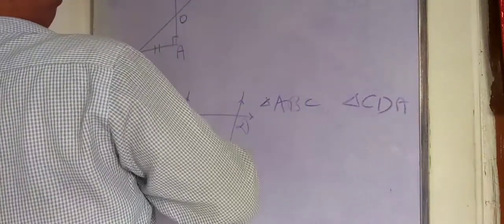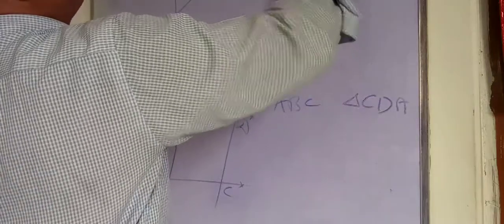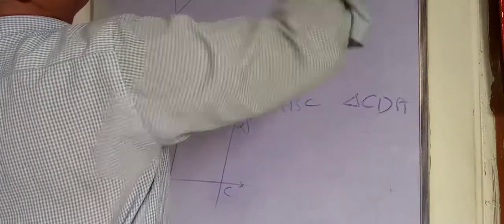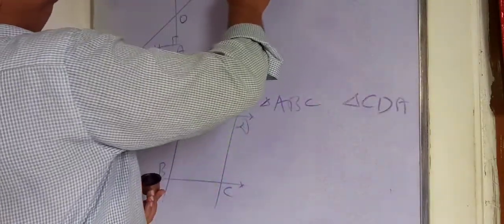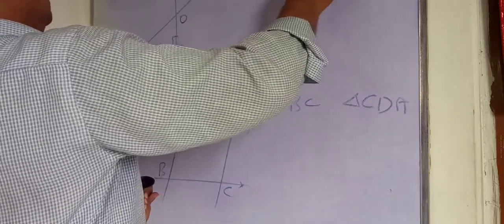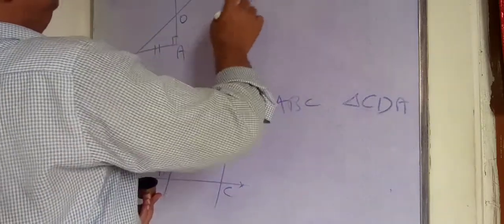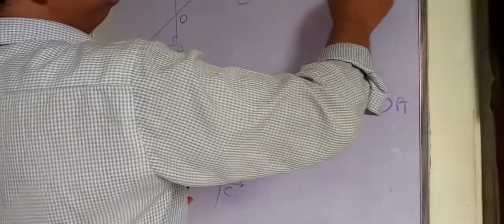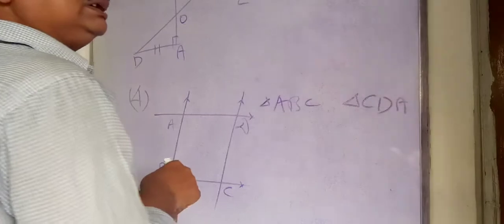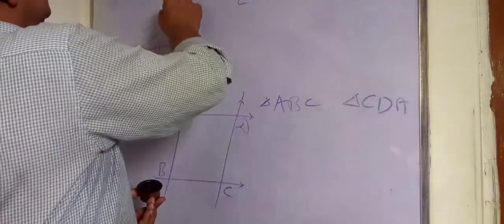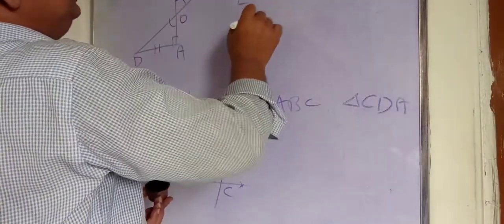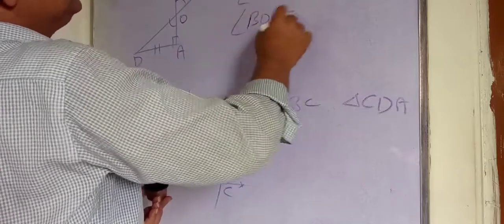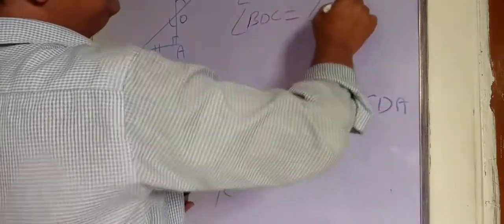In triangle OBC and triangle OAD, BC equal to DA, angle B equal to angle A, this is equal to 90 degree, and this one is vertically opposite, angle BOC equal to angle AOD.